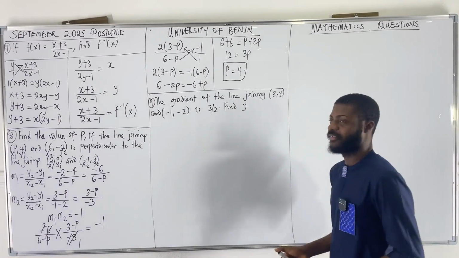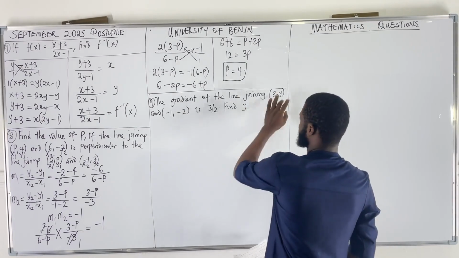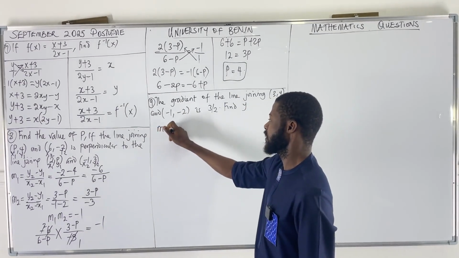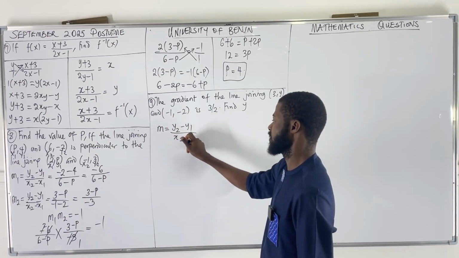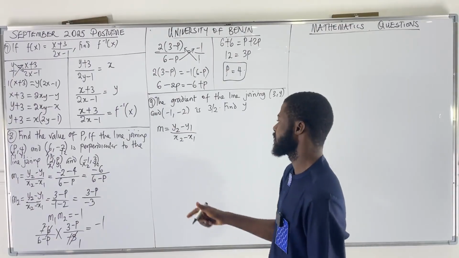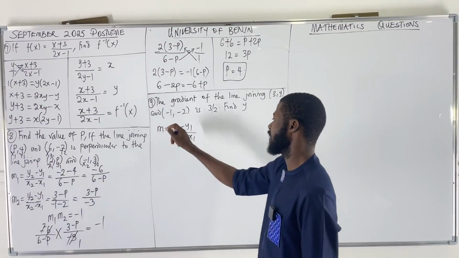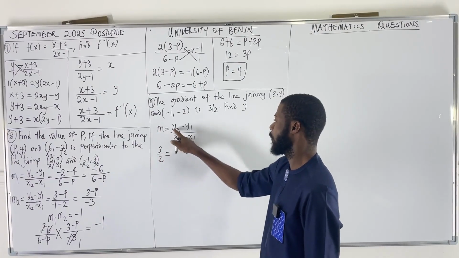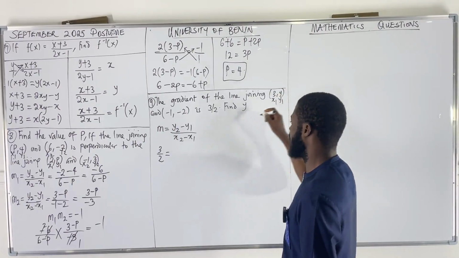Okay, this one is not difficult. It's still kind of the same. So we're told that the gradient of this and this is equal to this. Now, ideally, the formula for gradient is y2 minus y1 over x2 minus x1. So this gradient m is 3 over 2. So this means 3 over 2 is equal to y2. Let's name our points. This is x1, y1.